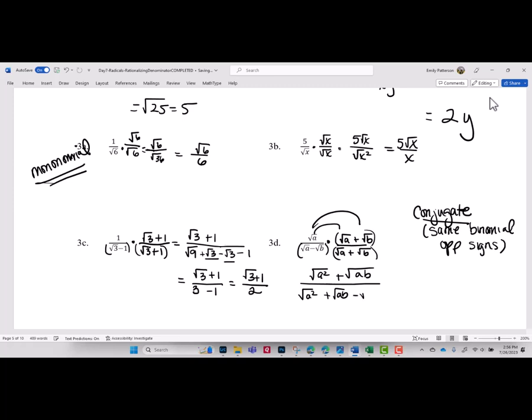The inside, which is a negative square root of ab, which again is going to cancel out or become 0. And then I have the negative square root of b squared. So on the top, square root of a squared is a, minus the square root of ab. All over, again, these become 0. So square root of a squared is a, minus b.